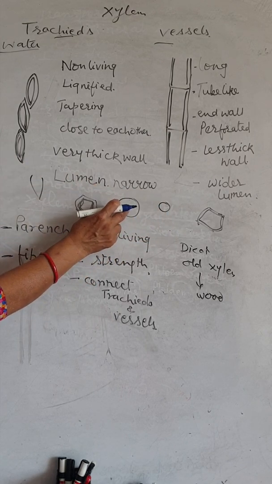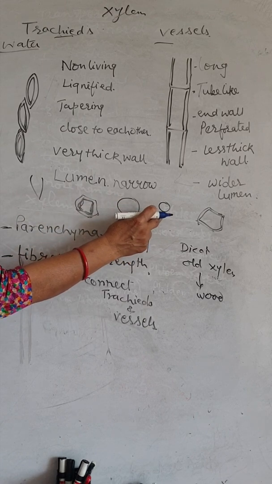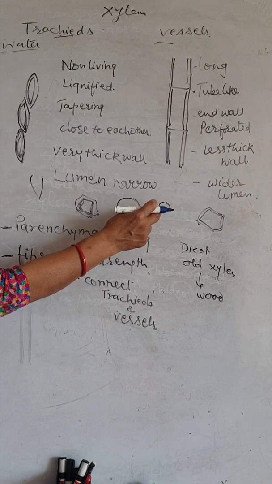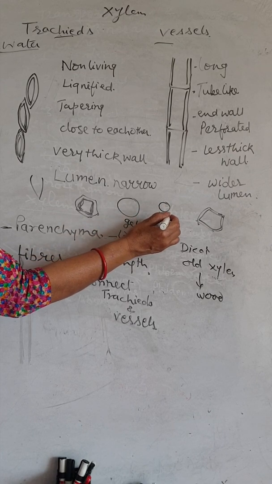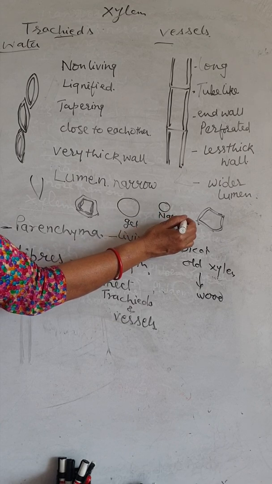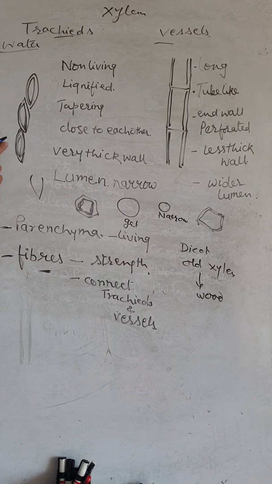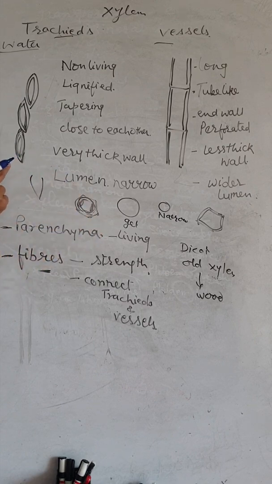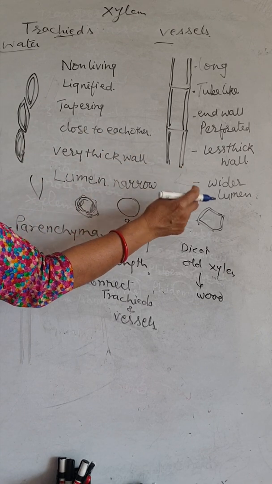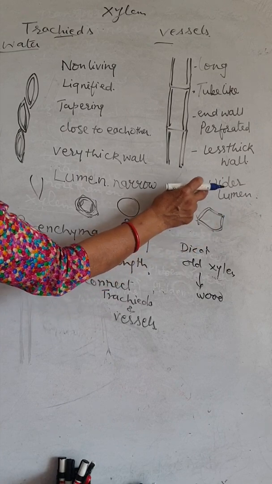The lumen of the gel pen is wide and the ball pen refill is narrow. The space in the center is called lumen. So the lumen is narrow because the deposition is more in the tracheids. In the vessels, the deposition is less, so the lumen is wider.